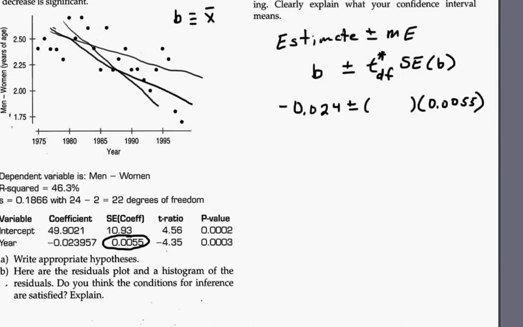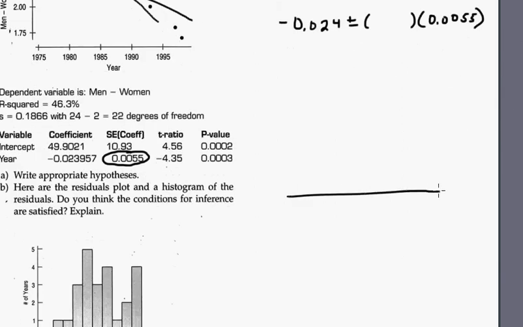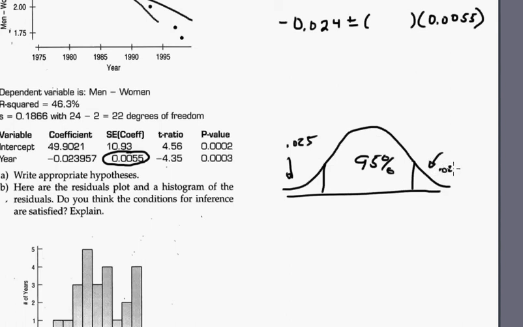Then to find the t value, they asked for a 95% confidence interval. That means this tail would be 0.025 and this tail would be 0.025. We actually want this value, but we know that it's symmetric. The degrees of freedom, by the way, is right here, 22. So I guess I could say t star of 22.